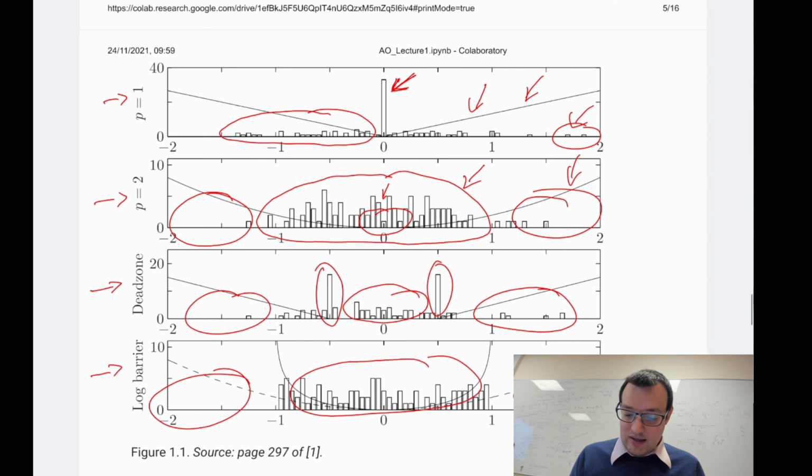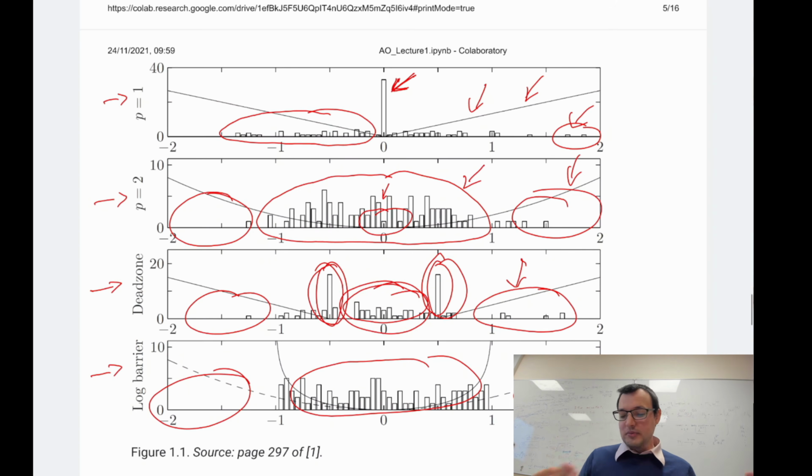This also explains the behavior of the dead zone. In the dead zone, we have a constant slope until the beginning of the dead zone, so a lot of residuals accumulate there, but then we don't care at all about what happens after. There may be some residuals there, they may be there or they may not be there. But the fact that a lot of residuals are here instead of here is totally random.